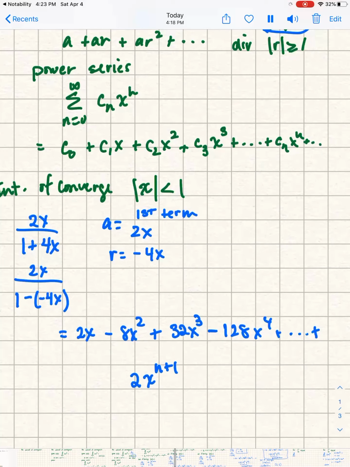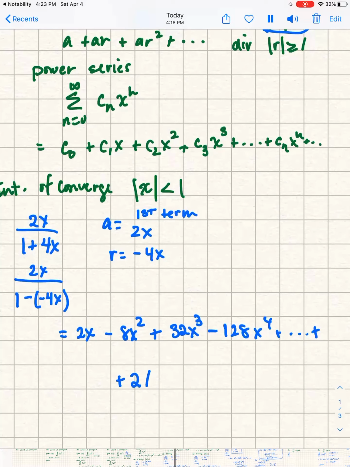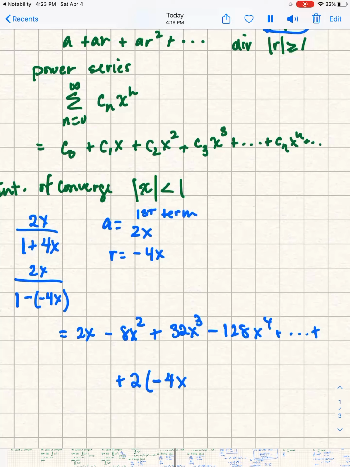I forgot the 4. So it would be 2, and then you would have 4. You want to make sure you have a negative because it alternates. Because of that negative, it's going to be -4 to the n, x to the n plus 1.